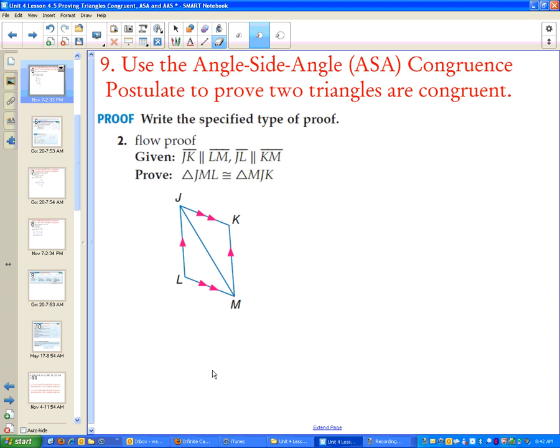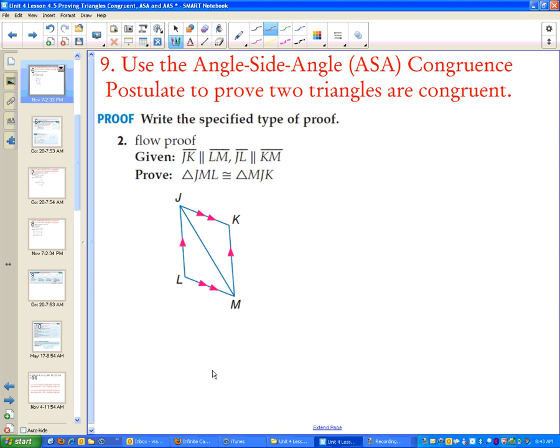Segment JK is parallel to segment LM. Segment JL is parallel to segment KM. And then we have to prove that triangle JML, that's the one on the bottom left, is congruent to triangle MJK, upper right.